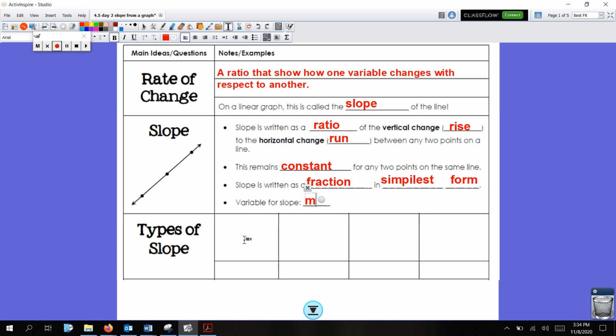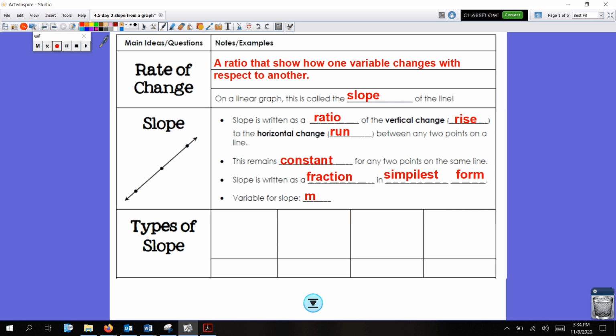Okay, so there's 4 different types of slope. I did talk about this on Friday as well, so let's talk about them again. Here's our positive slope, going uphill from left to right. Then we have our negative slope going downhill from left to right.